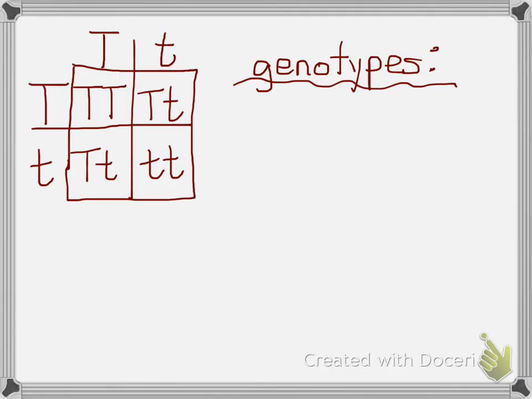So the very first box, right here, we have one capital T, capital T. And then in the next box, we have 2 capital T, small t.